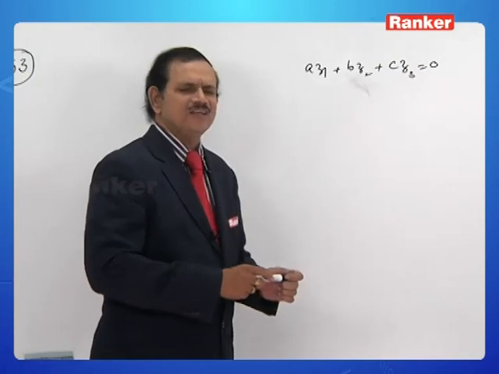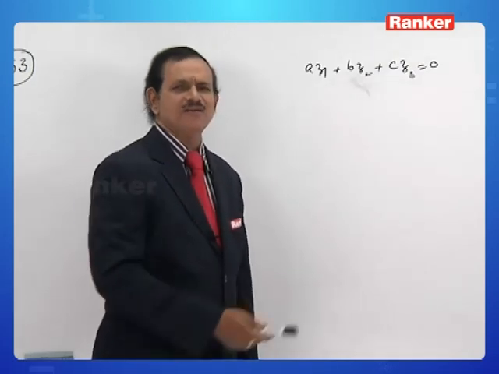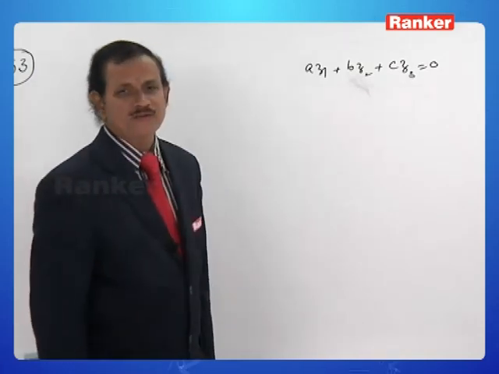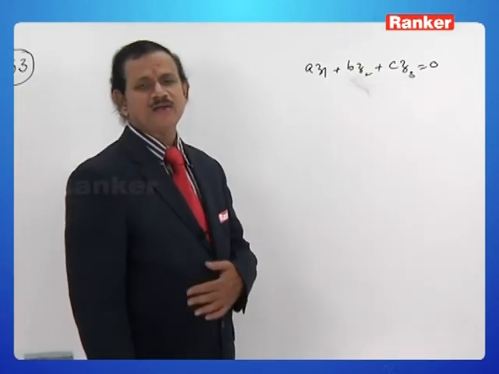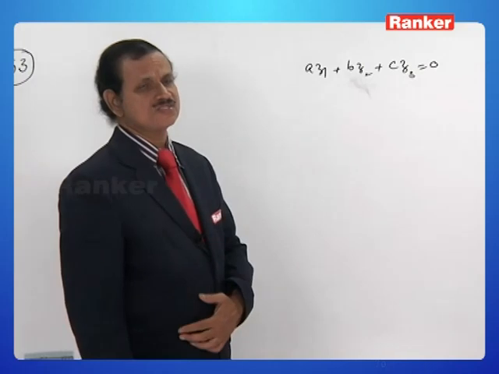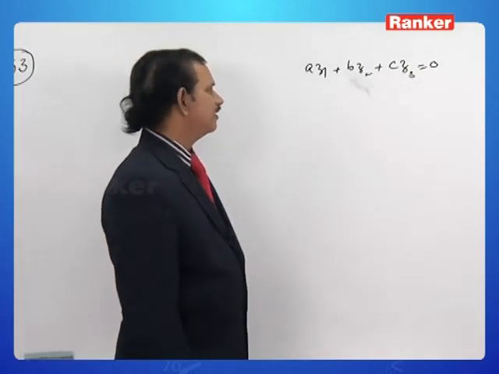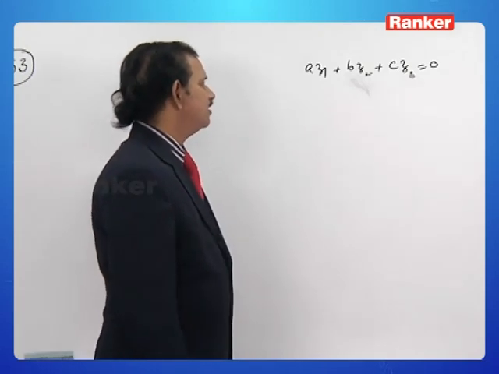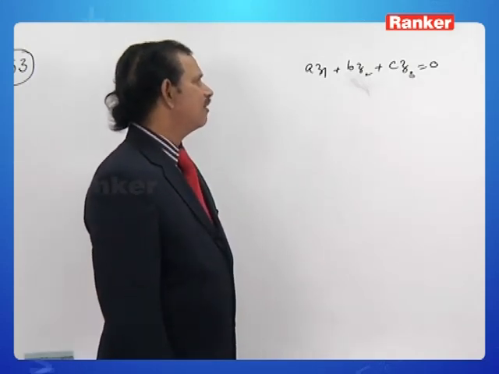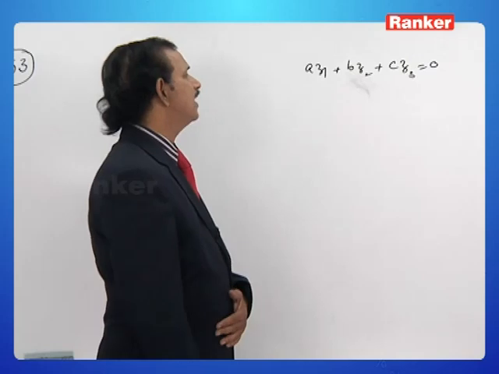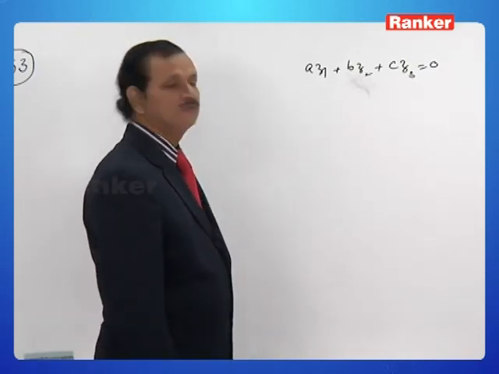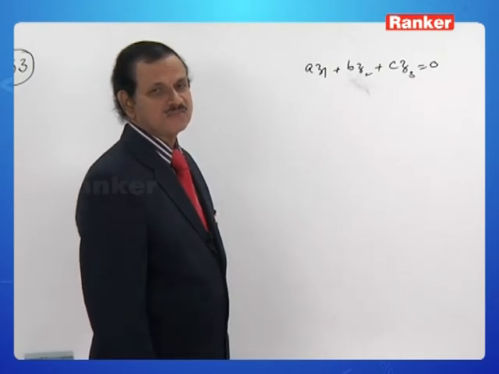The conclusion can easily be drawn, because Z1, Z2, Z3 are collinear and at least one of those complex numbers is non-zero. Let it be Z3, the non-zero complex number. We can easily have CZ3 is equal to minus AZ1, or AZ1 plus BZ2 is equal to minus CZ3, and AZ1 plus BZ2 by minus C is nothing but Z3.